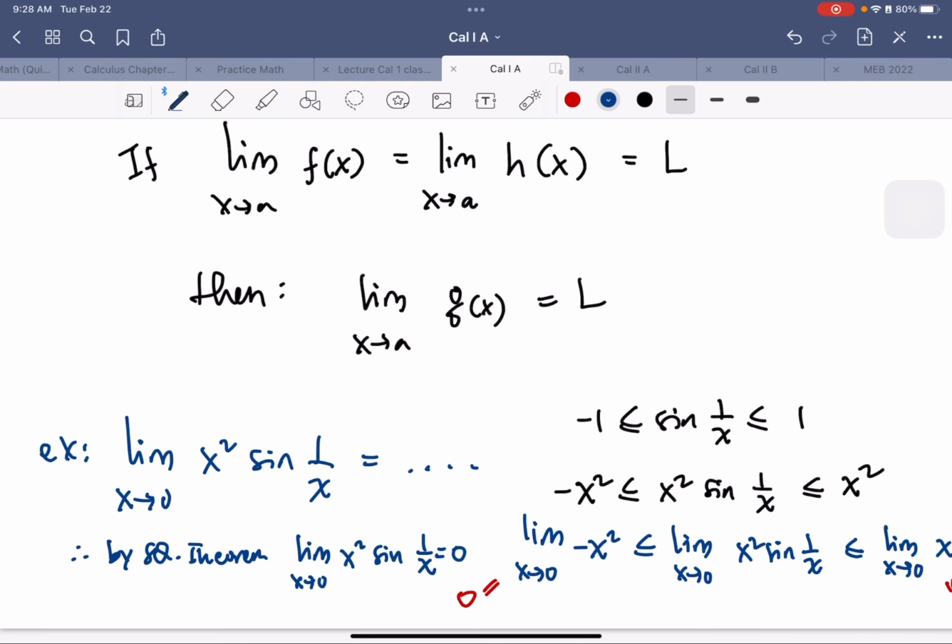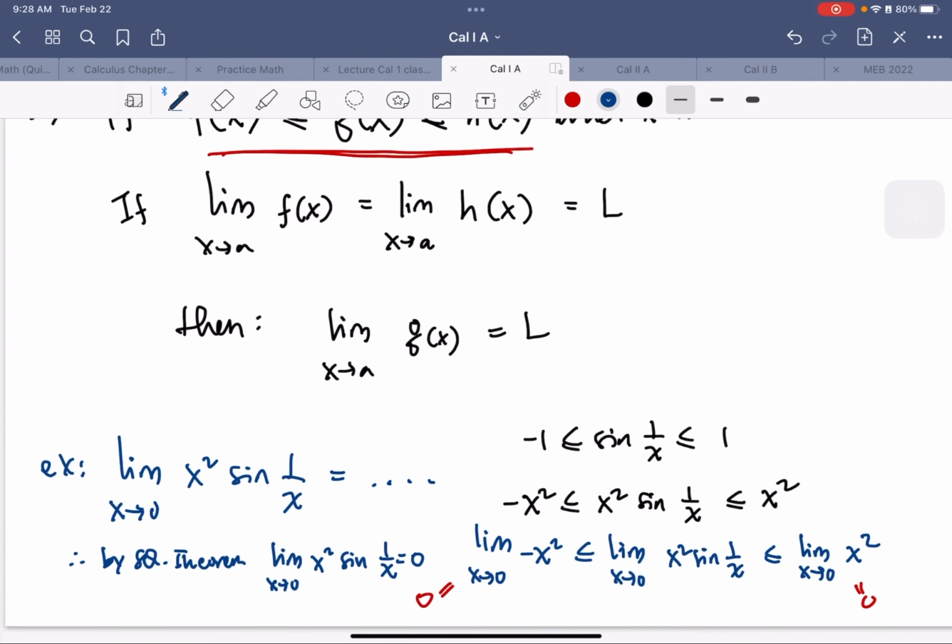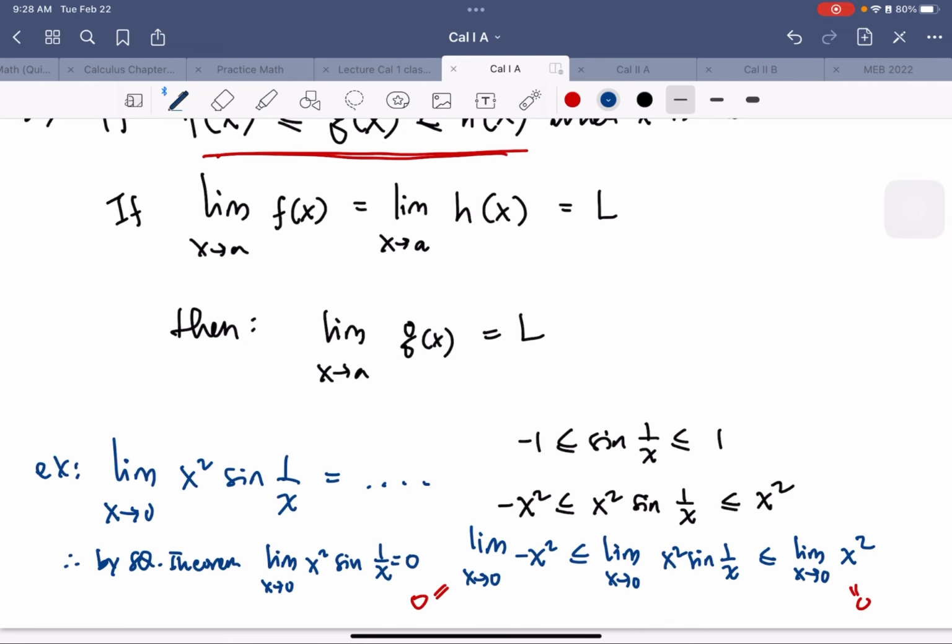Okay. That's how the squeeze theorem works.